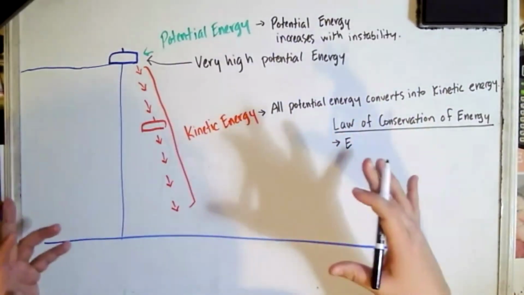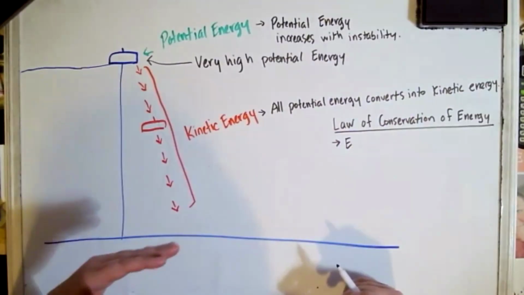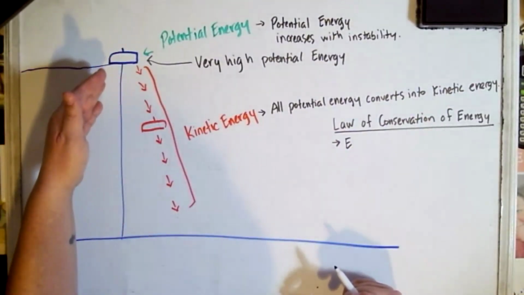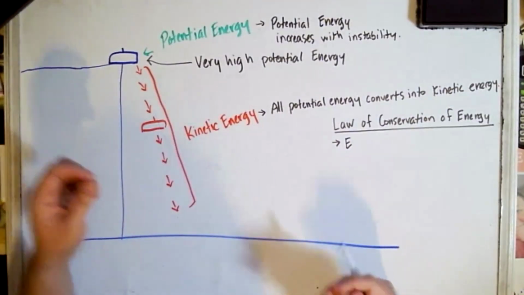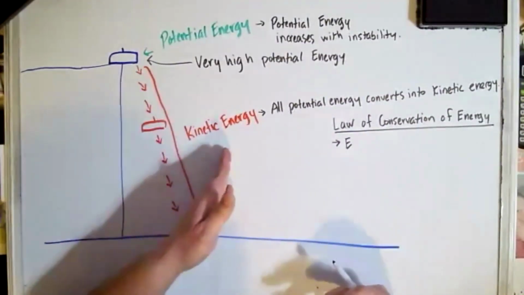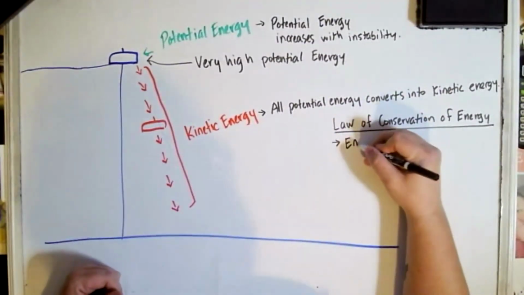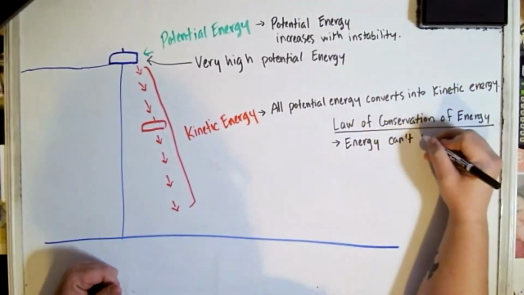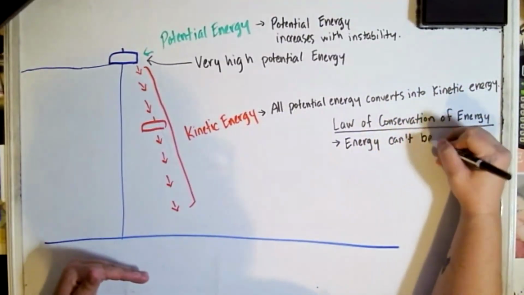Whatever energy we have, that's what we have. If your object with potential energy starts moving, that potential energy can't just disappear, so it has to turn into something else. And what it turns into is kinetic energy. So energy can't be created or destroyed. It can only change forms.